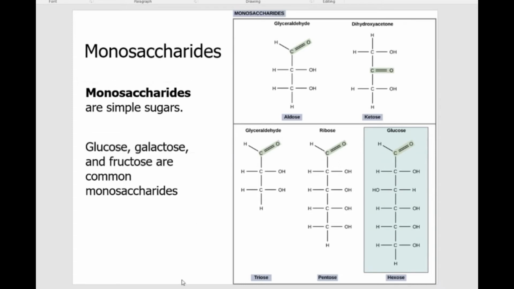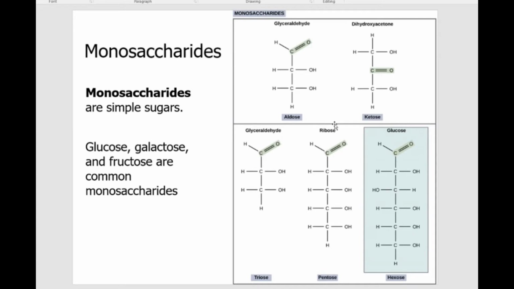Now there are some other examples. We have two here. I want to focus on this pentose. Pent means 5, right? So think about pentagon. And then -ose, O-S-E, usually indicates this is a sugar.